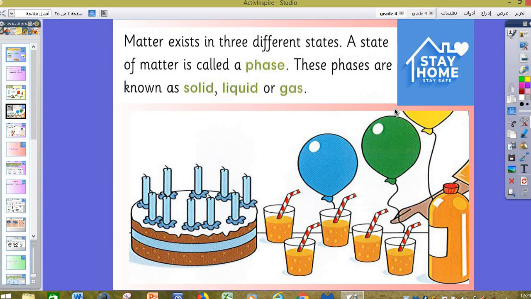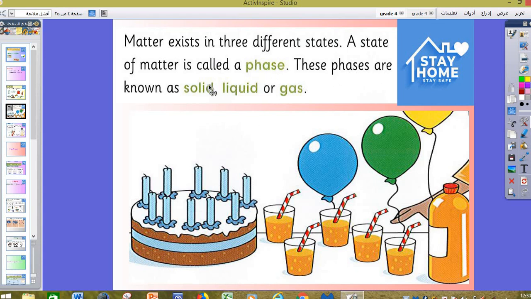Guys, matter we can divide into 3 types. A state of matter is called a phase. This is something we will start to understand in unit number 3.